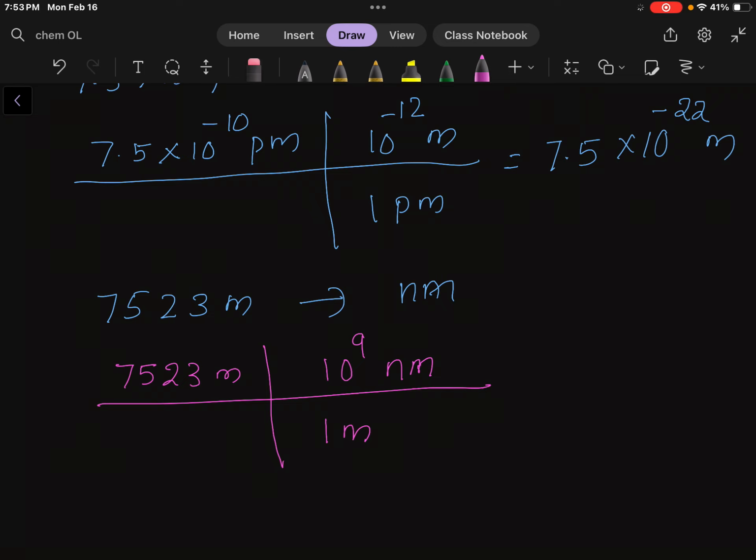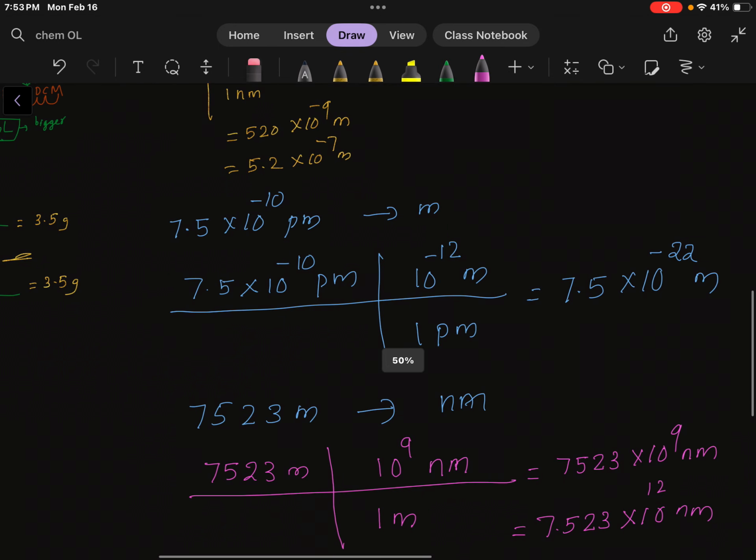So your answer will be 7523 times 10 to the power of 9 nanometer, or write in the scientific notation, which will be 7.523 times 10 to the power of 12, not negative, 12 nanometer.